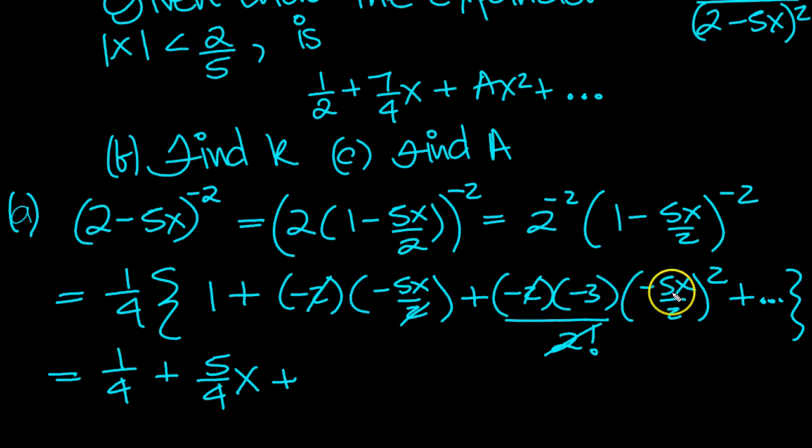We end up with 5 squared, 25, times 3, which is 75 x squared over, and there's a 4 here and a 2 there, which makes 8, but it's a 2 squared, so it makes 16. Plus dot dot dot. Okay, so that's that done.